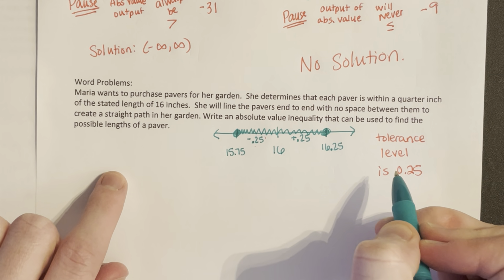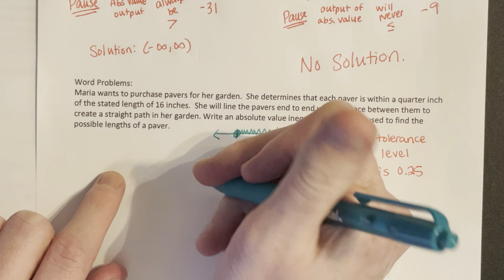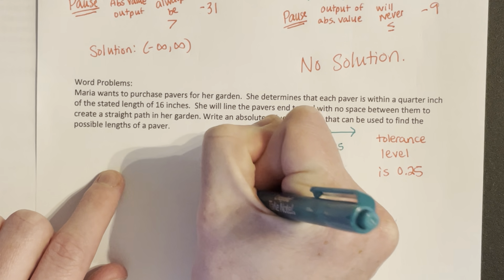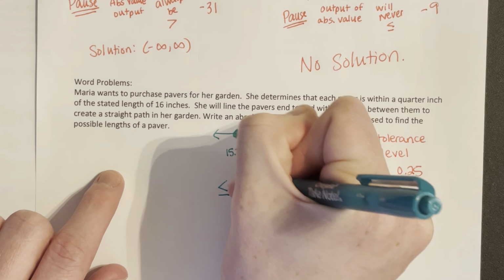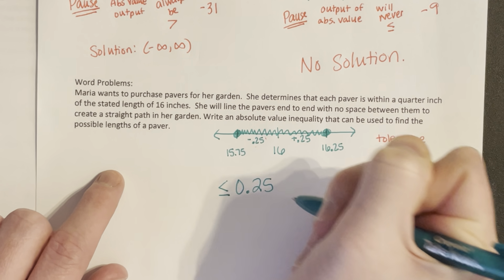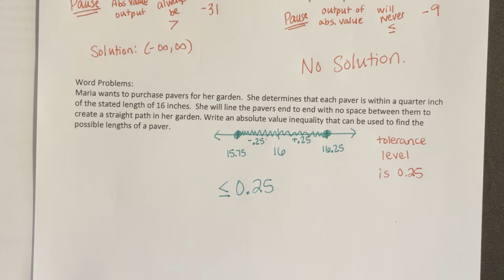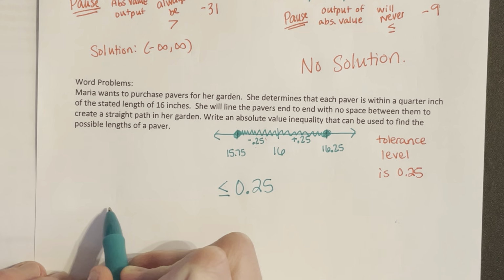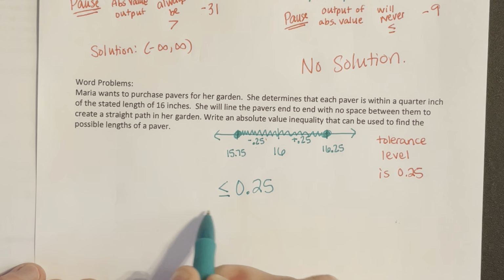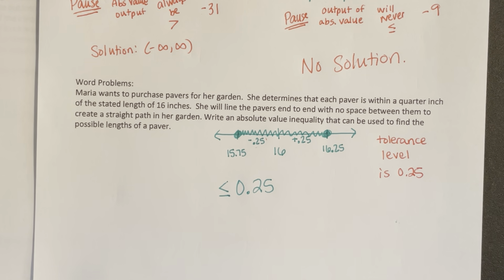But if we turn that into an inequality, what that's saying is it has to be less than or equal to 0.25. The amount that it's off can't be more, so it has to be less than or equal to. But really we're asking ourselves, well, what is it? What is it that has to be less than 0.25?